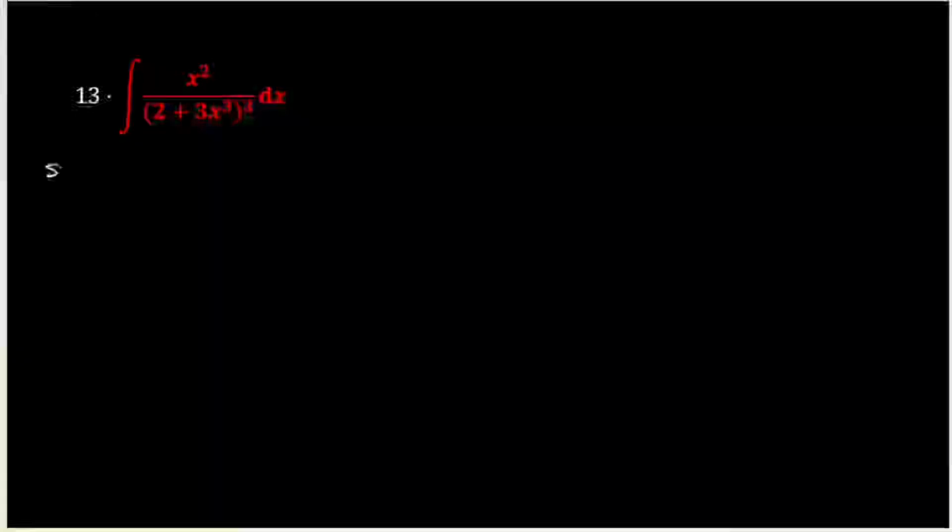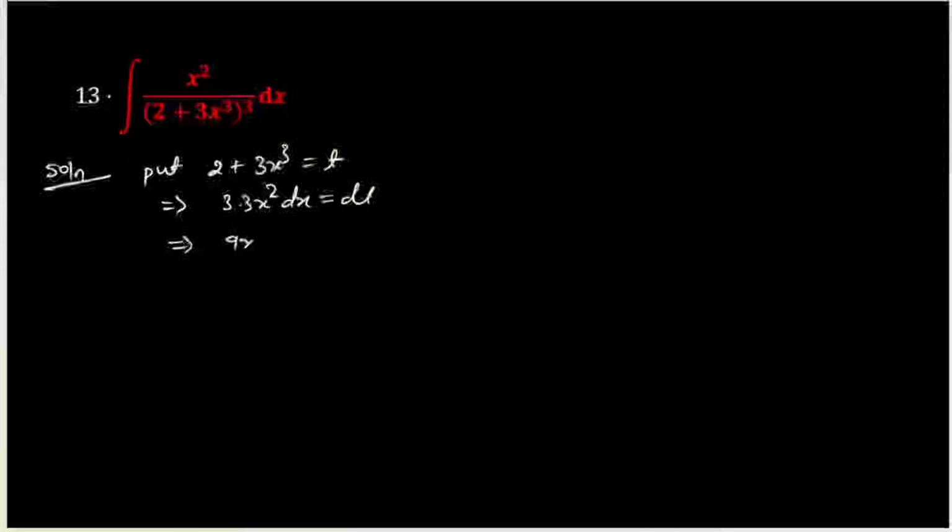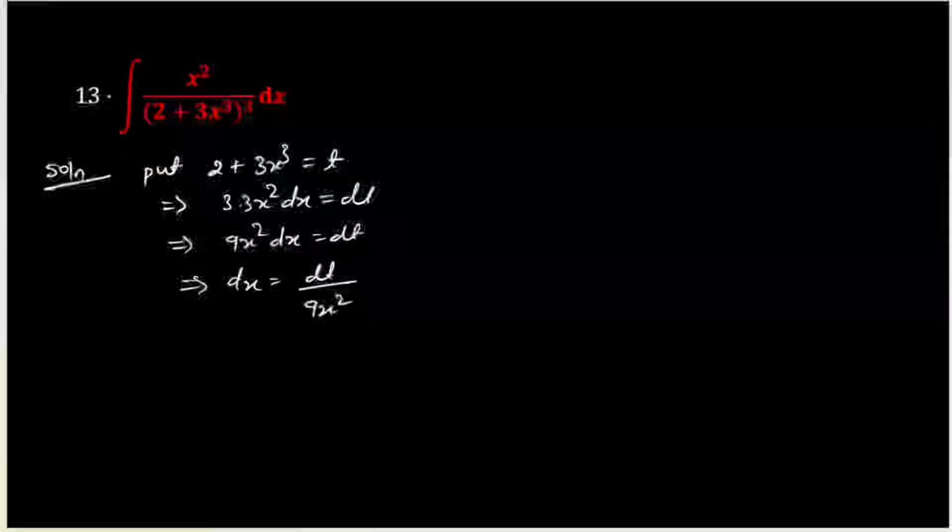Here we substitute, we put 2 plus 3x cube is equal to t, and differentiate with respect to x, we get 9x square dx is equal to dt, implied that dx is equal to dt by 9x square.